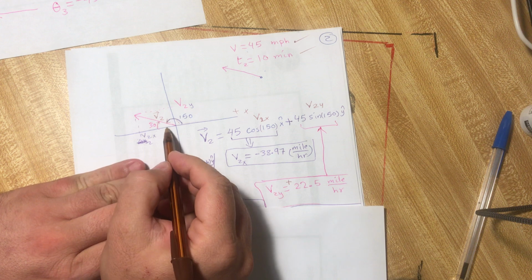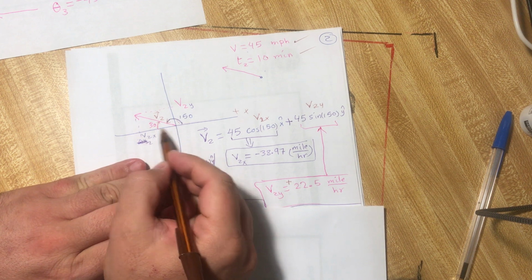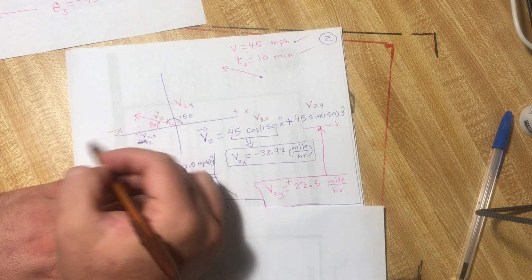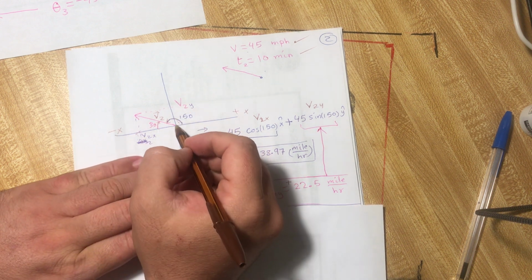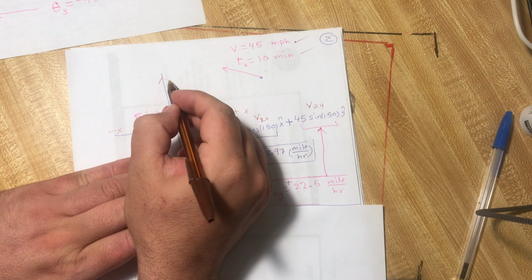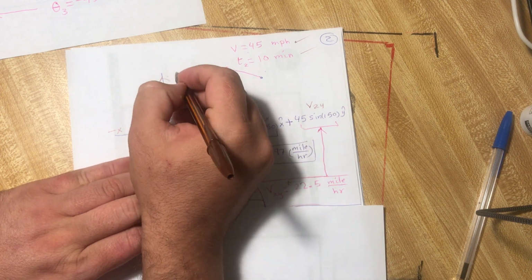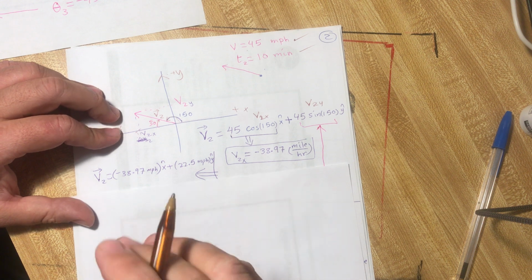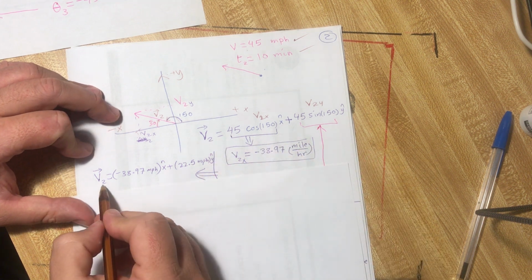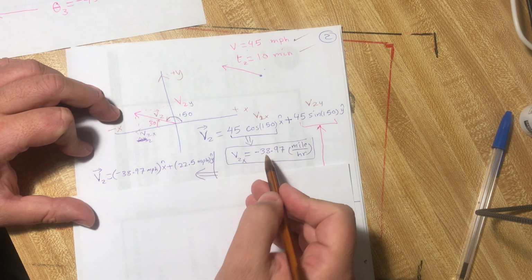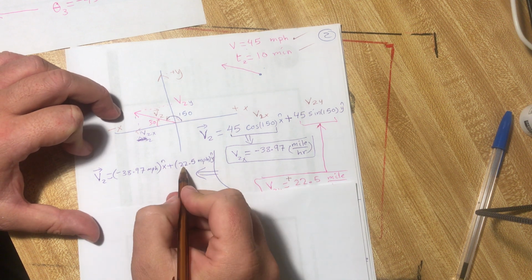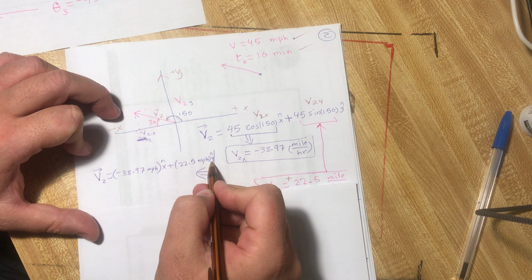We can see that the velocity in the x direction is negative because it is in the west direction, and the velocity in the y direction is positive. So the final velocity vector is negative 38.97 miles per hour in the x direction plus 22.5 miles per hour in the y direction.